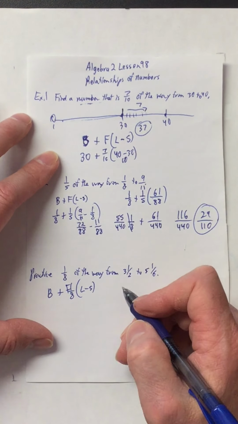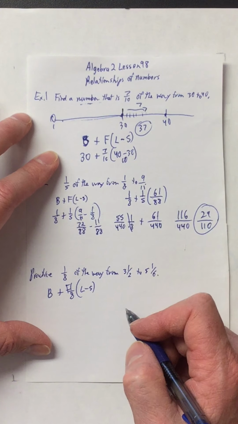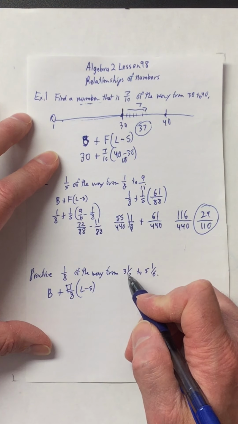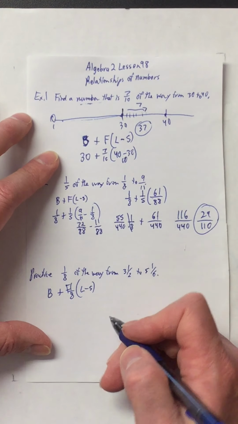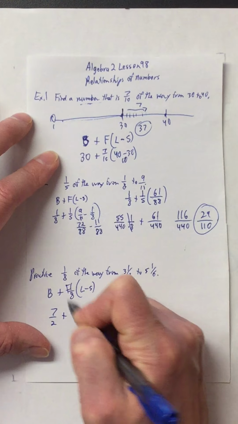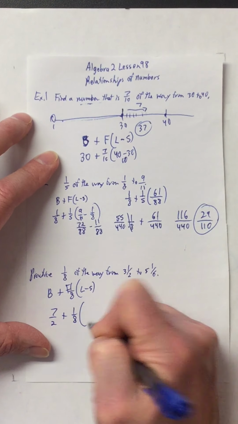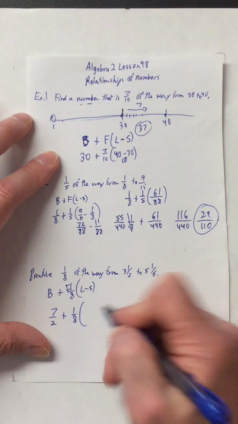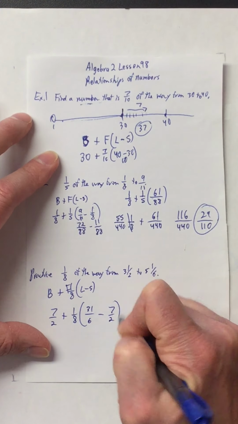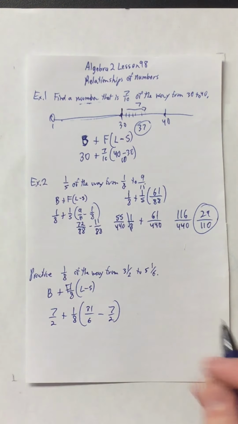All right, so let's plug this in here. My starting point, these are mixed numbers right now. I'm going to change them to improper fractions because that's the way I'll work with them. So it looks like I'm going to have 7 over 2 plus my fraction of 1/8, my larger number, 31 over 6 minus 7 over 2. And there we go, we're set up.